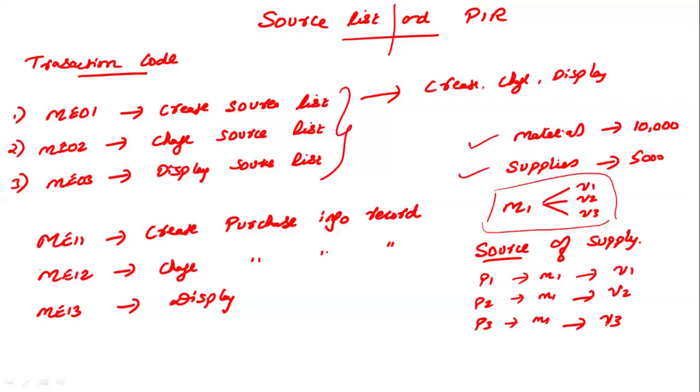So this information also can be stored plant-wise in this source list. For each plant, you can define different vendors. When you define the vendors here, this vendor will be proposed when you are placing a purchase requisition, when you are ordering my material, saying you need to buy this material from this vendor.